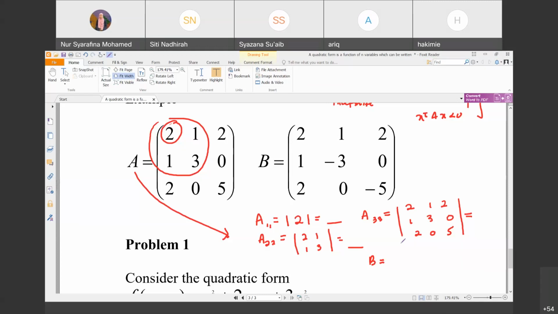What can you conclude with A and B here? What is your B11, B22, B33?